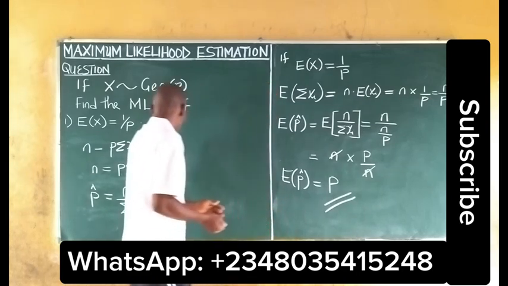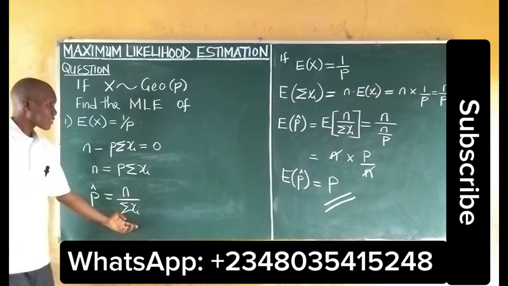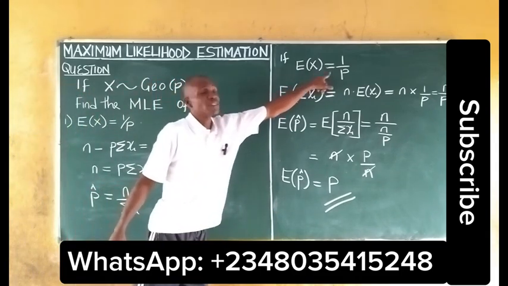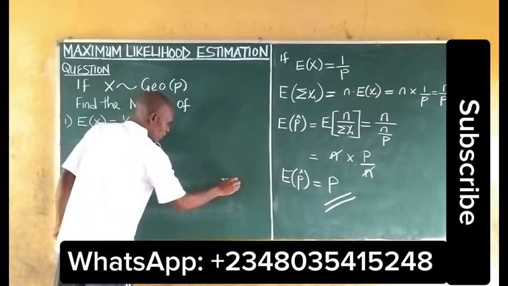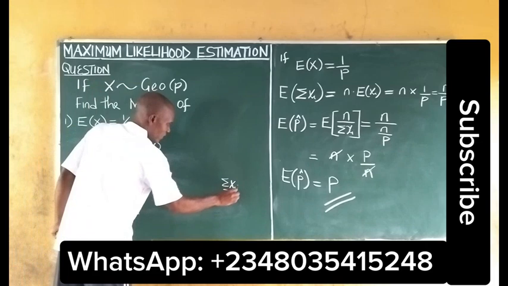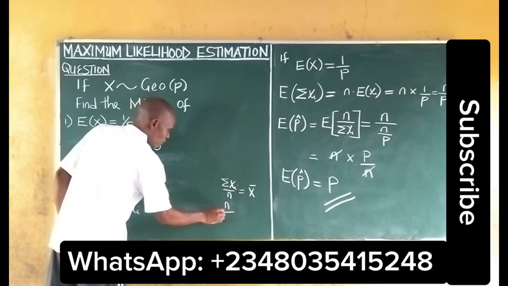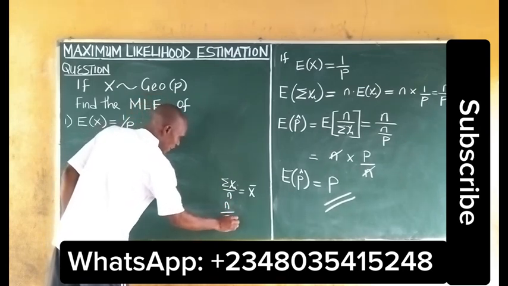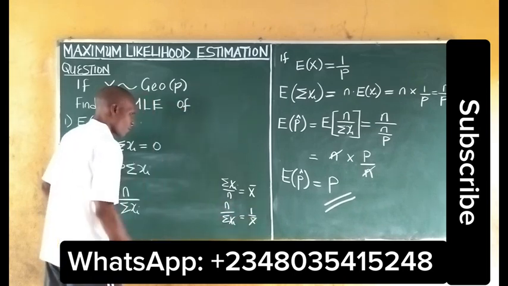Of course, you can also do some arithmetic here to prove that this is correct, because summation of xi all over n is equal to our mean. Then n all over summation of xi is equal to 1 all over x bar.